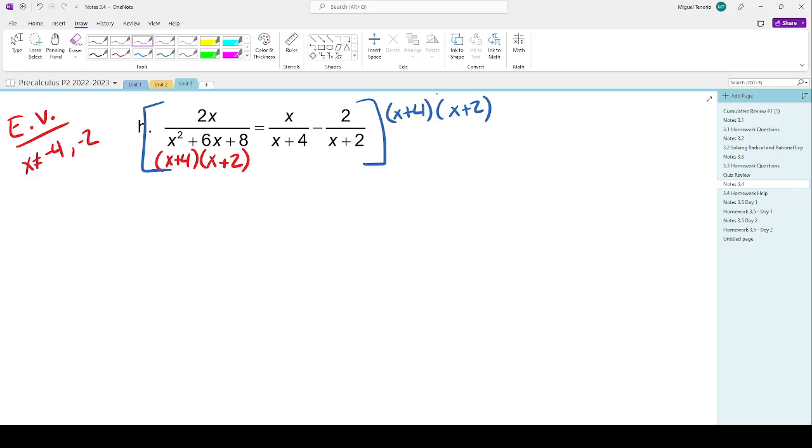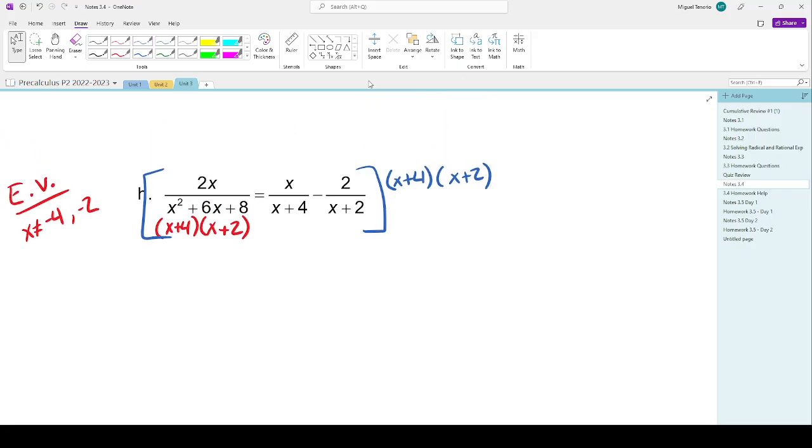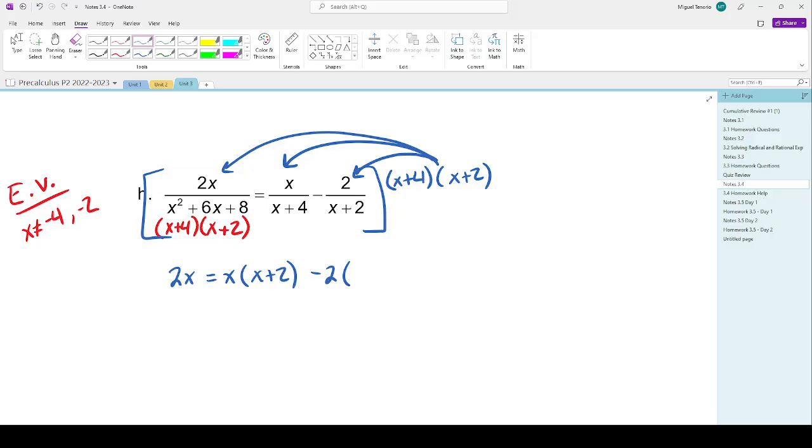So when we distribute that in, we're going to get 2x equals, oh, missed that one. Here, the x plus 4 reduces. I'm going to have x times x plus 2 minus 2 times, well, the x plus 2 reduces, so I'm going to be left with x plus 4.